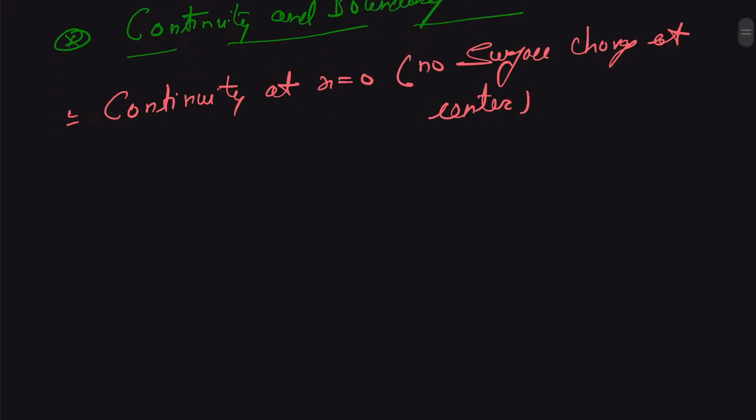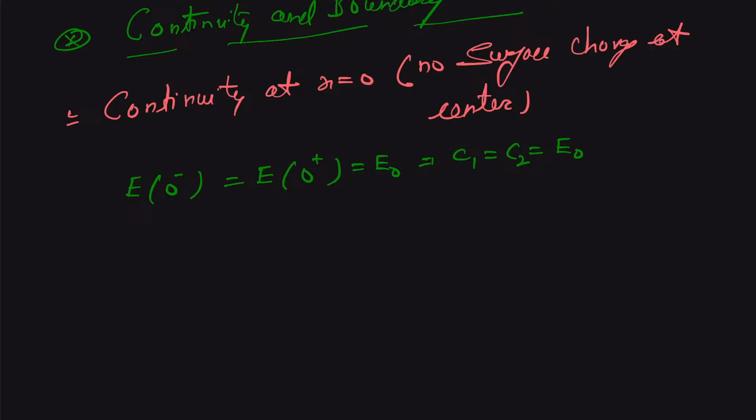So it means the electric field at 0 negative will be equal to the electric field at 0 positive. Therefore, from here we can say that C1 is equal to C2 is equal to E naught.